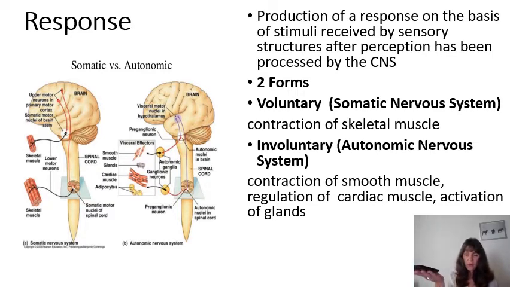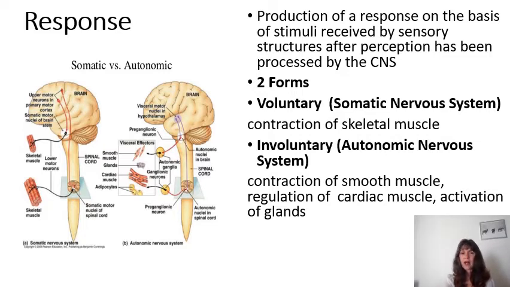One individual might pick up a cell phone and perceive it to be very small. Another person might pick up the same cell phone and perceive it to be bulky, because perception is how the brain determines what the sensation represents.